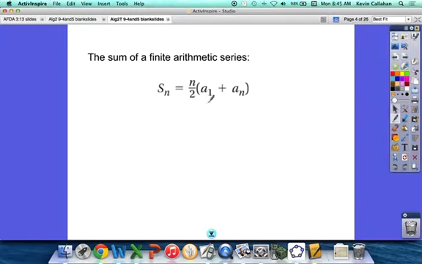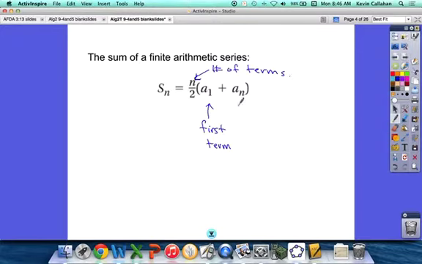The a1 represents the first term, so we need to know the first term. The n is the number of terms. And the a sub n, which is what we understand to be the formula for the nth term, in this case is going to be the last term. If we want to find S10, then a10 is the last term in the sequence.